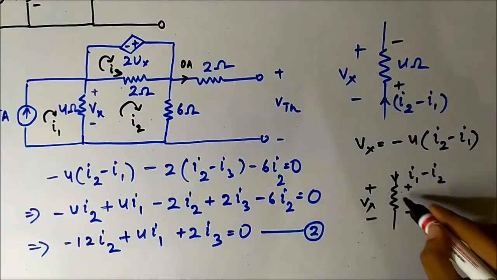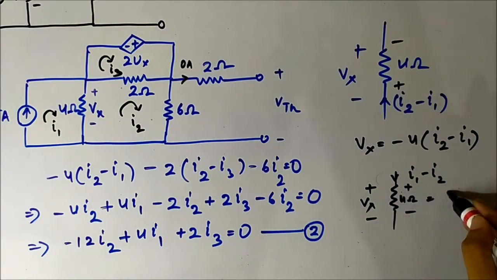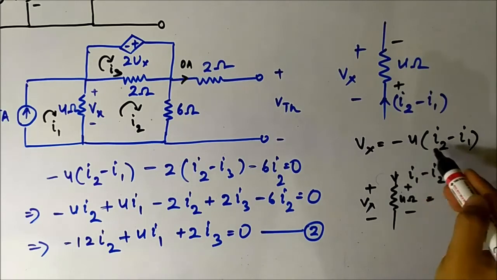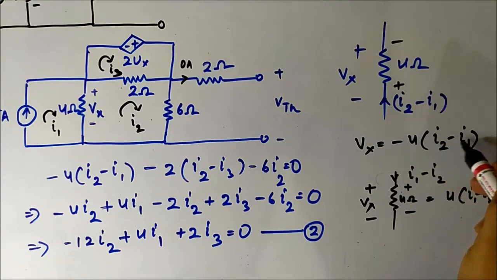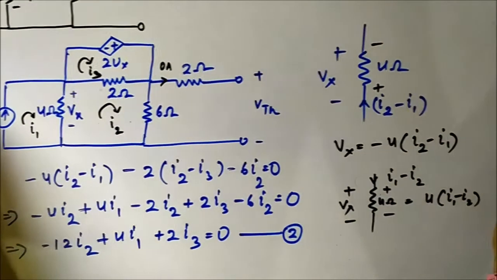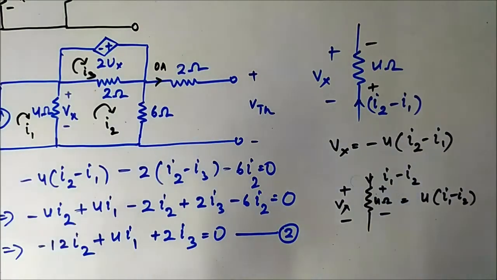So in that case, it will be 4 into (I1 minus I2), which is the same thing. If you multiply the minus sign inside, it will be I1 minus I2, so whichever one you want to write, it will be the same thing.